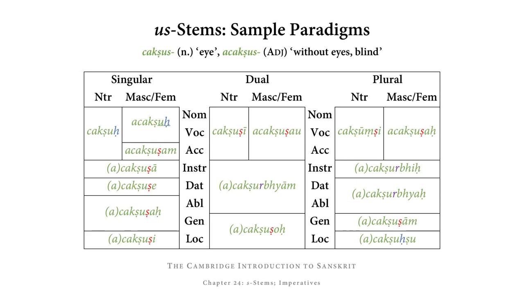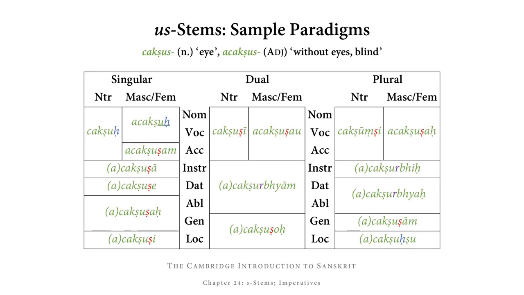Remember, in as stems we had sumanāḥ and sumanaḥ. Here we have not acakṣūḥ, but we have acakṣuḥ for the nominative and also for the vocative. That is the one case where we have a different ending in is and us stems than we would in as stems. Then from the accusative on, the endings are exactly as we know them from the as stems.